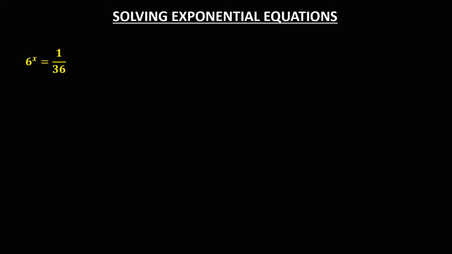Then for this given, so we have this 6 and 36. Since this 36 is equal to 6 to the power 2, so therefore this becomes 6 to the power x equals 1 over 36 is 6 to the power 2.